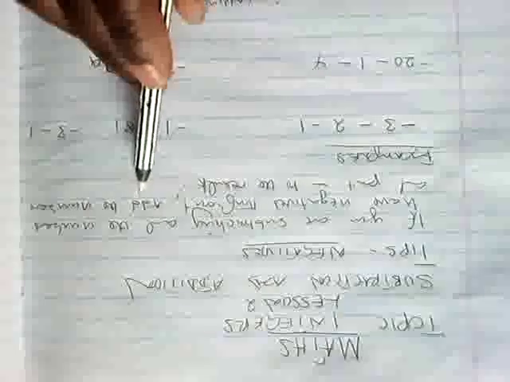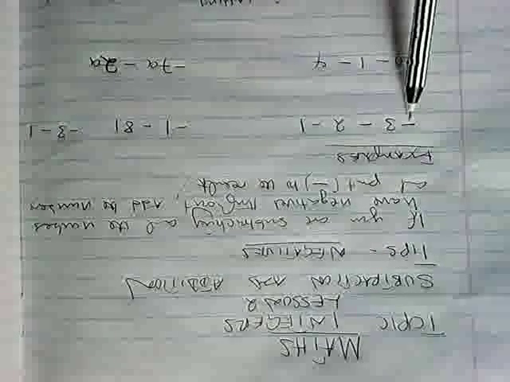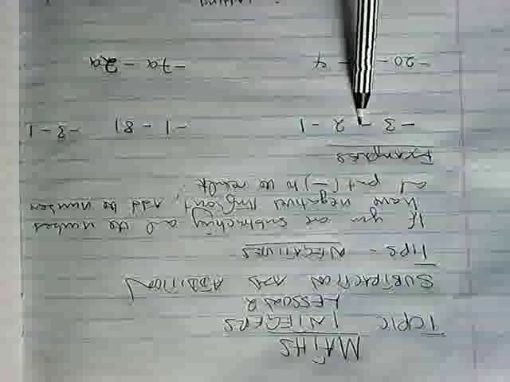If you are subtracting and the numbers have negatives throughout, simply add the numbers and put a negative sign to the result, to the answer. Example: negative 3 minus 2, and I'm subtracting equally negative 2 minus 1.